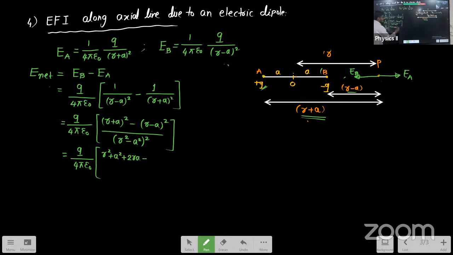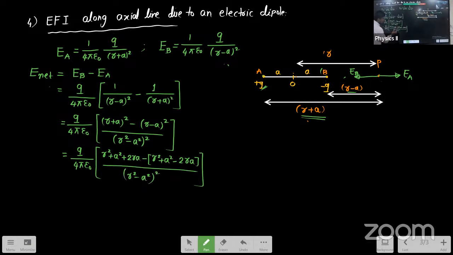Again, minus is there. What is (A minus B) whole square? It will become A square plus B square minus 2AB. So this will become R square plus A square minus 2RA, divided by (R square minus A square) whole square. I hope you are getting this.